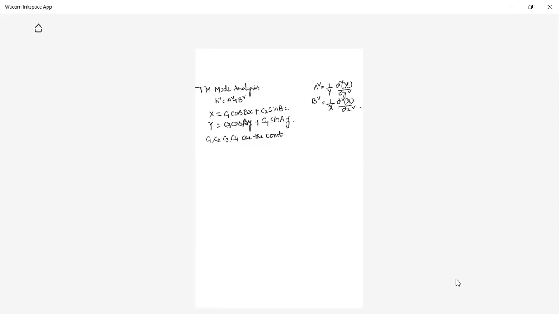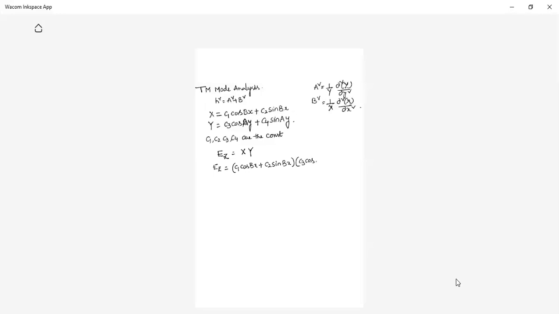Now we have the expression of Ez available. Ez is equal to capital X into capital Y. So Ez can be written as, what is the capital X solution? We wrote C1 cos Bx plus C2 sin Bx, into capital Y. What is the solution for capital Y?